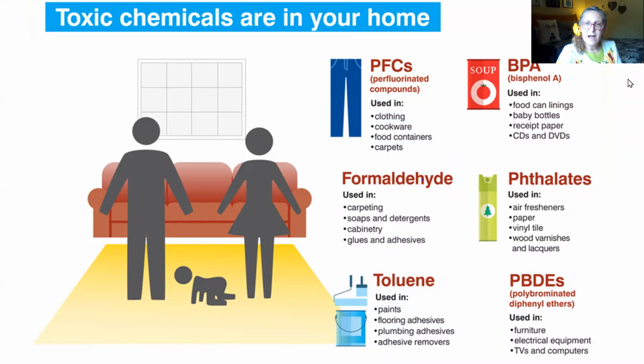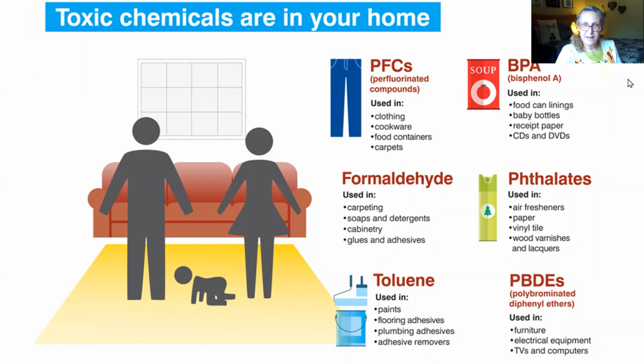But look at all of these toxic chemicals that are in our home. The PFCs, the PBAs, and I thought it was really interesting how a lot of these resort to acronyms, because some of these things are just so hard to even say, right? Perfluorinated compounds, right? Or bisphenol A, right? So there's formaldehyde.